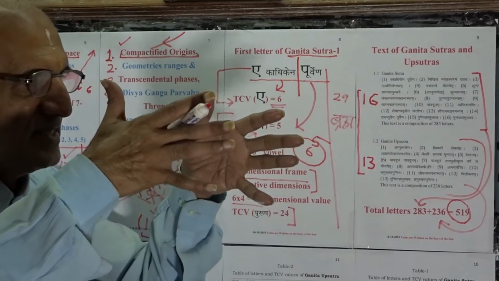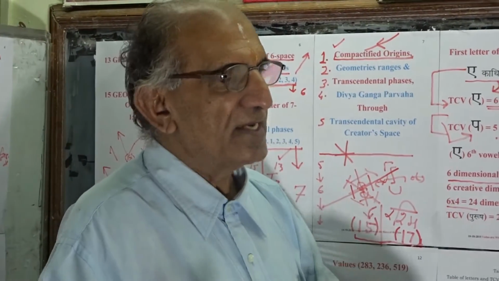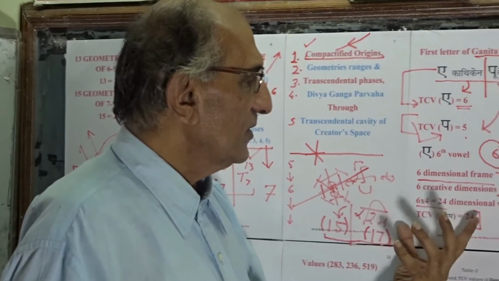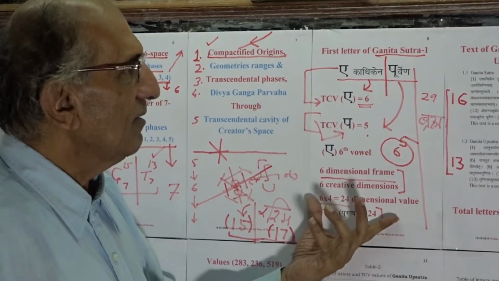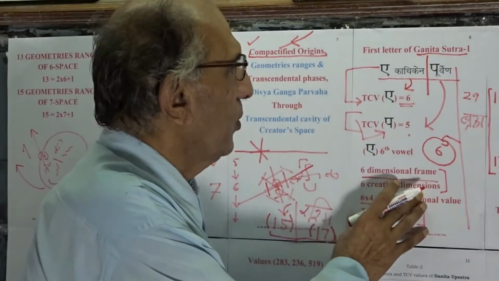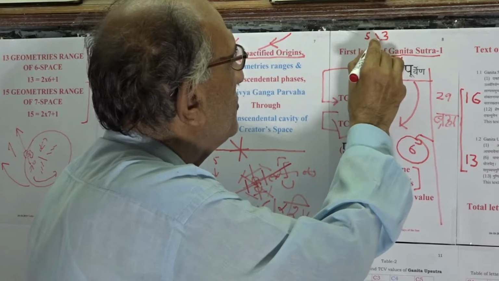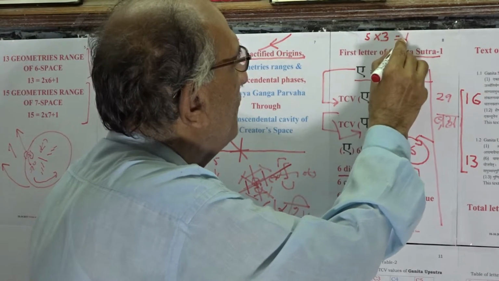So, as is the existence phenomenon within the human body as a Purusha format, this is going to be the mathematics of the Ganita Sutras. Then we know that the 5 space is having 5 solar dimensions of value 3 each. It will be taking us to value 15.